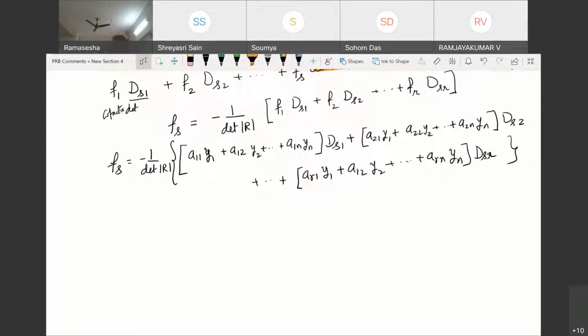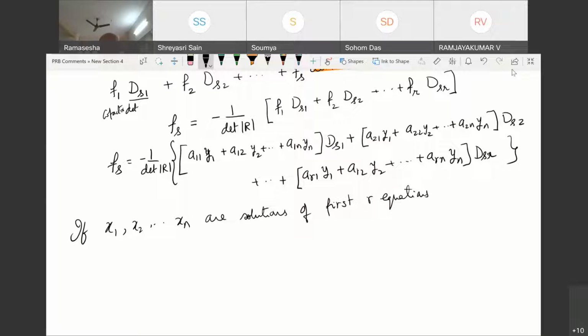Now, if x1, x2, etc. are solutions of the first R equations, then a11 x1 plus a12 x2 plus etc. plus a1n xn is equal to 0, right?